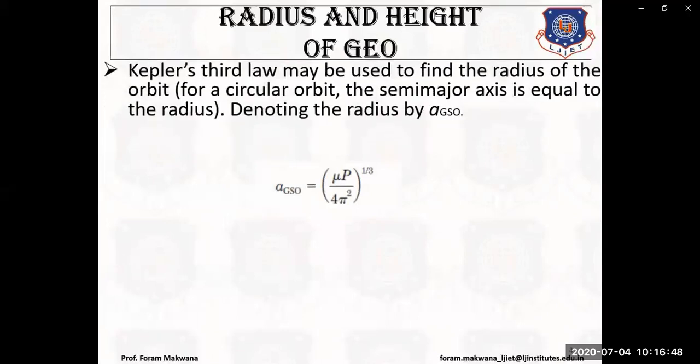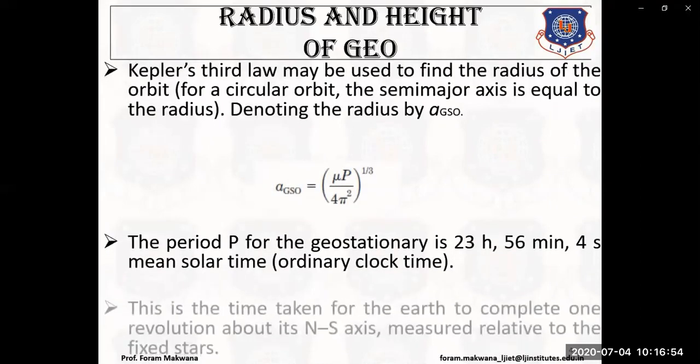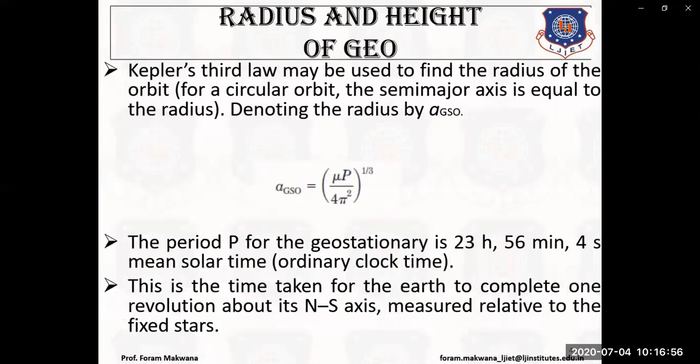Now, what is the radius and the height of GEO? As per Kepler's third law, which is used to find the radius of the orbit, for a circular orbit the semi-major axis is equal to the radius, which is represented as a_GSO.